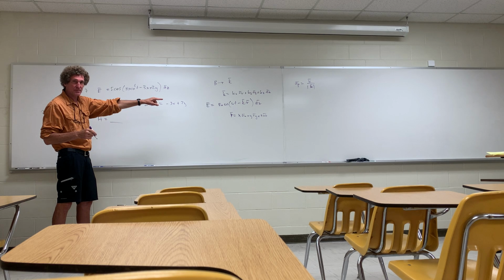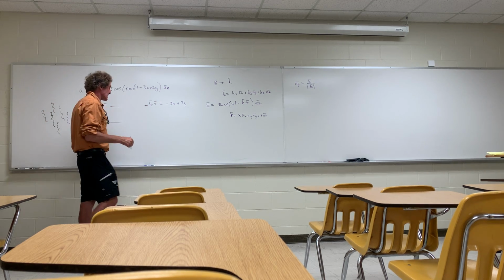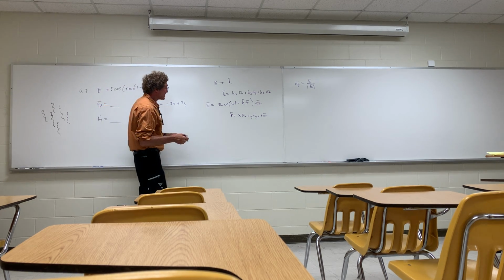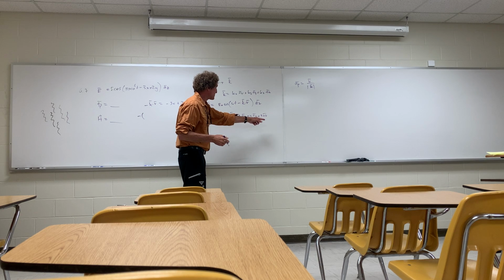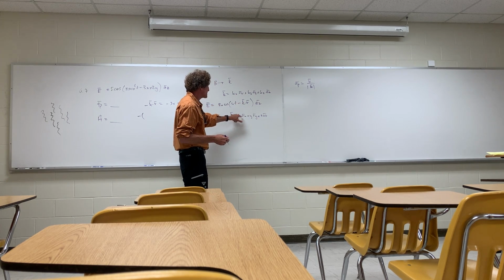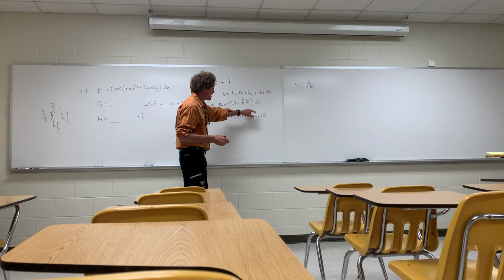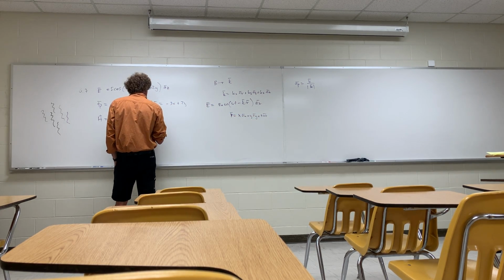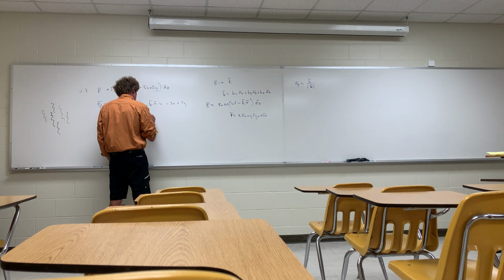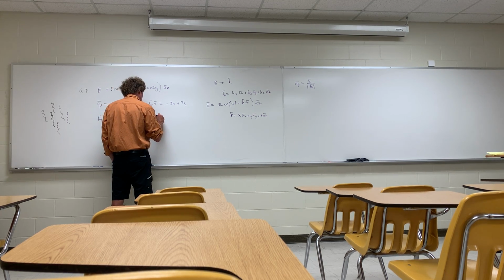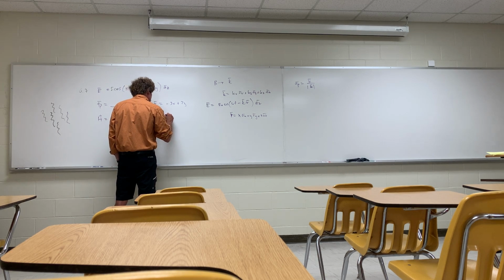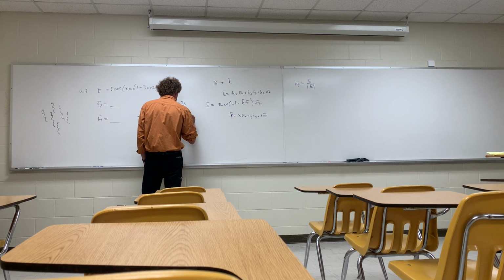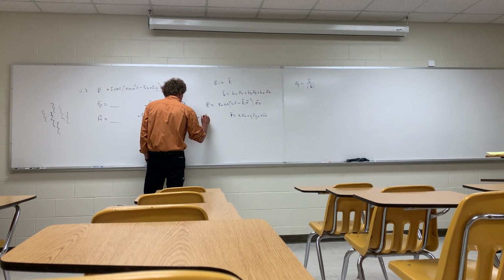When you take this vector dotted with this, you just get kx times x plus ky times y plus kz times z. So here, I have minus kx x plus ky y plus kz z, and that's equal to minus 3x plus 2y.